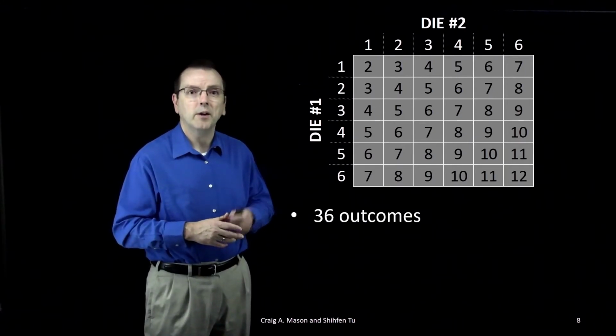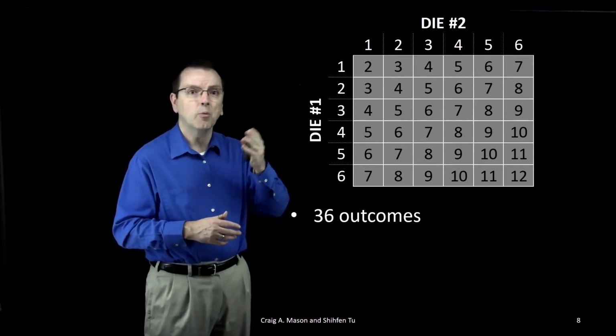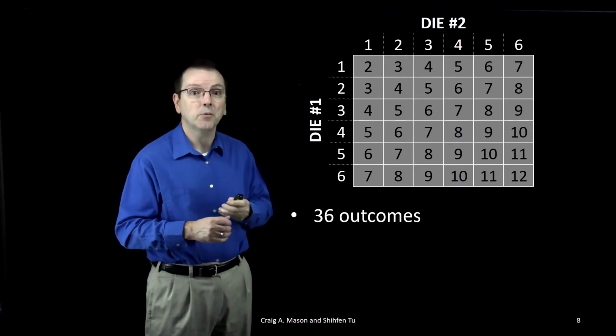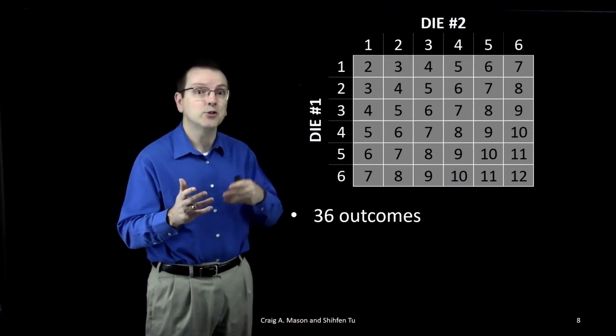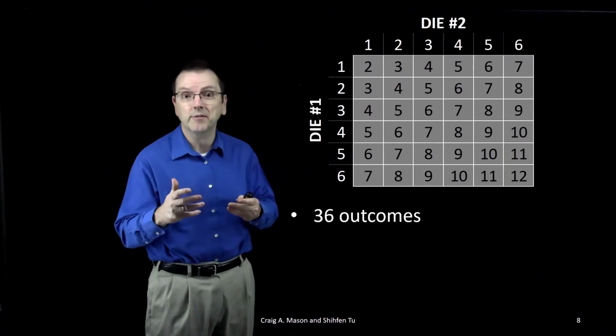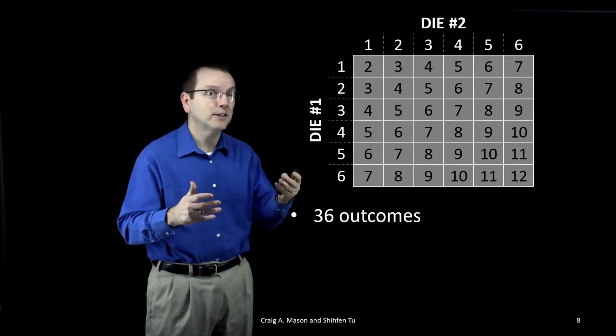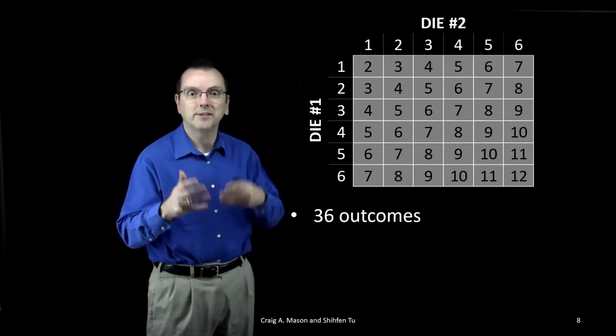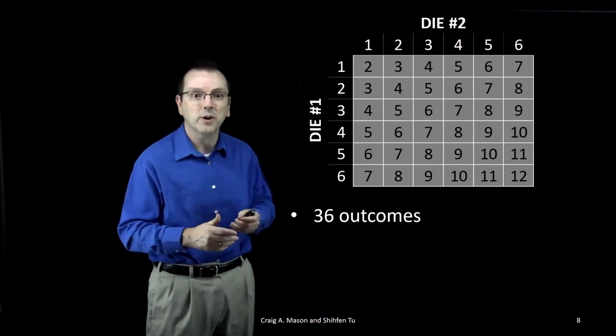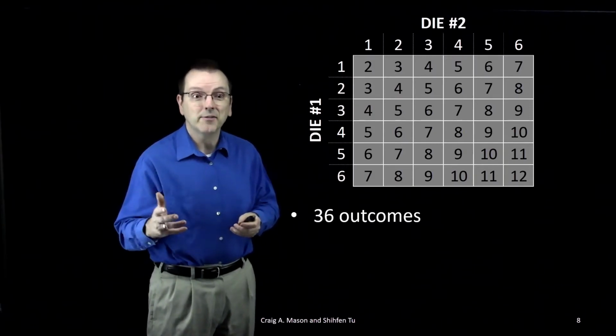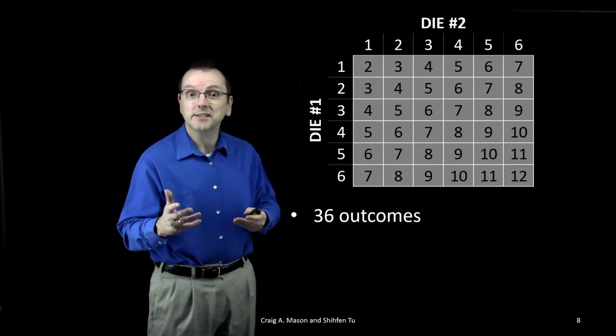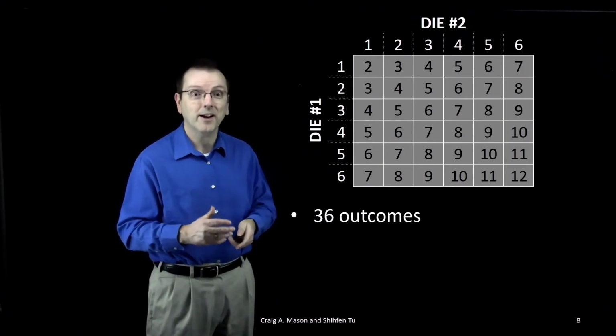I can roll a 1 on the first die and a 1 on the second die, or a 1 on the first die and a 2 on the second, or a 1 on the first and a 3 on the second, and on and on, all the way to a 6 on the first and a 5 on the second, and a 6 on the first and a 6 on the second, right?